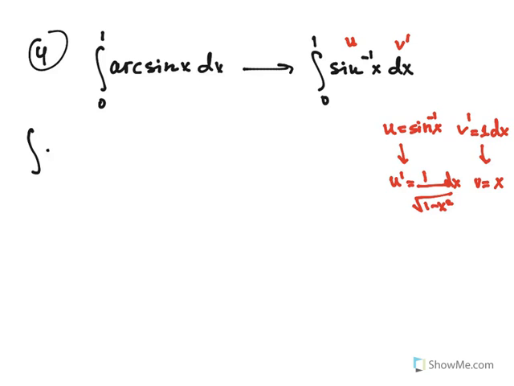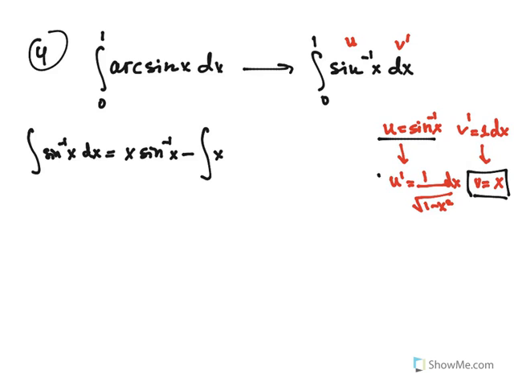based on that formula, the integral of sine inverse x dx equals uv, so u times v, so it's x times sine inverse, minus the integral of v u prime. So v would be that, and u prime would be that.